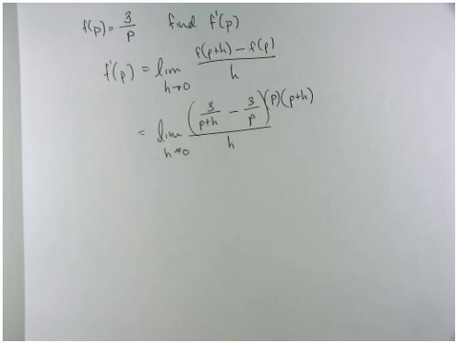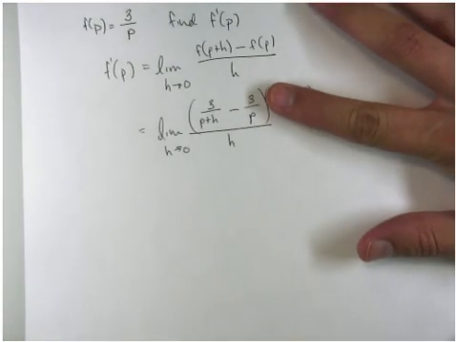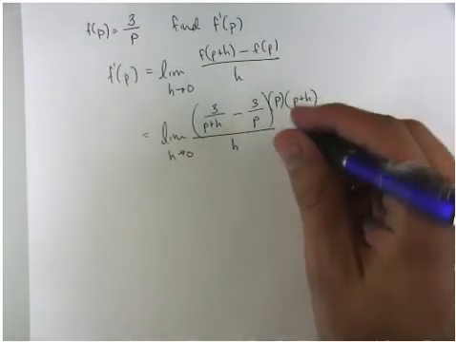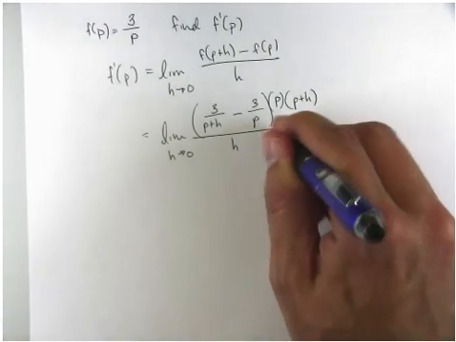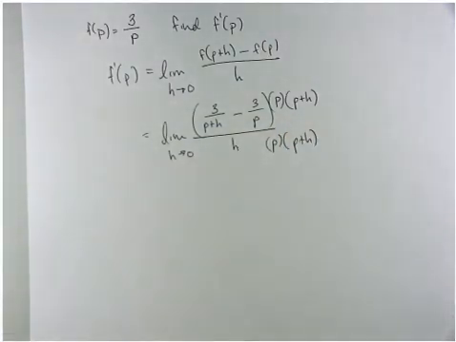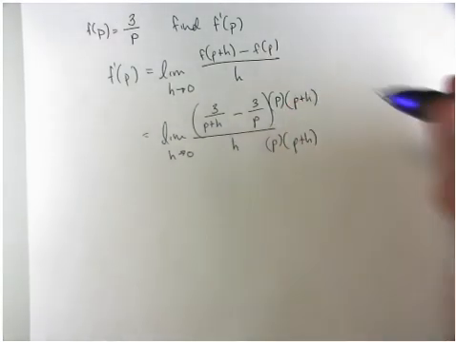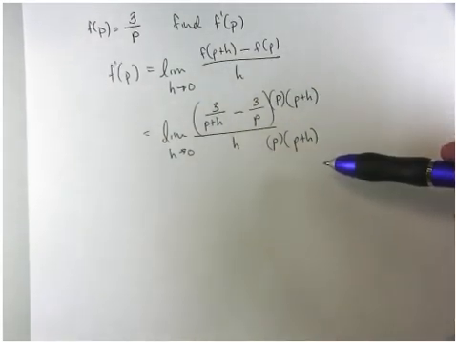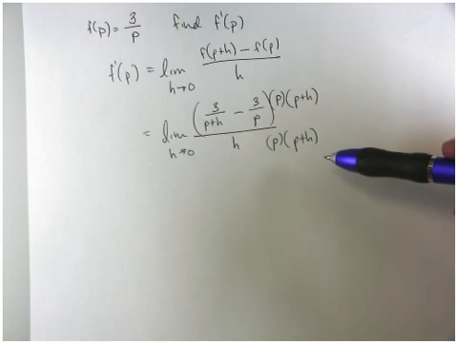It changes that expression. It's no longer the same expression that it used to be. So I'm going to both multiply and divide by p and p plus h. That way what I'm really doing is multiplying by 1. I've both multiplied and divided by the same expression, so that should just be the same as multiplying by 1.